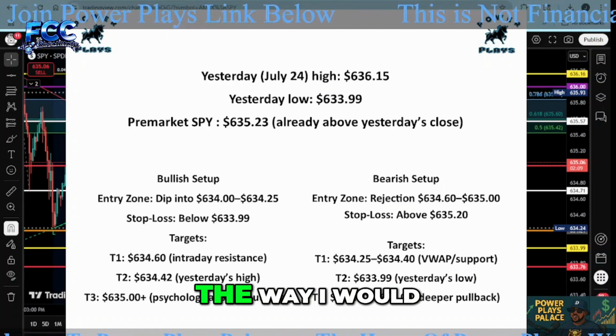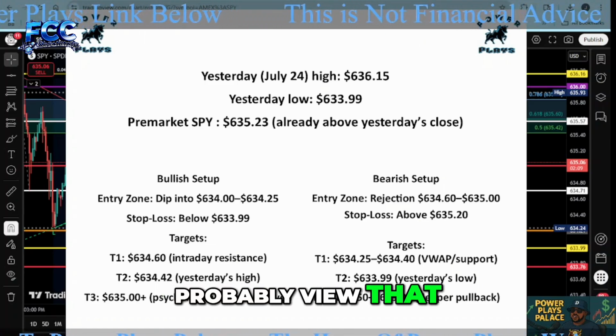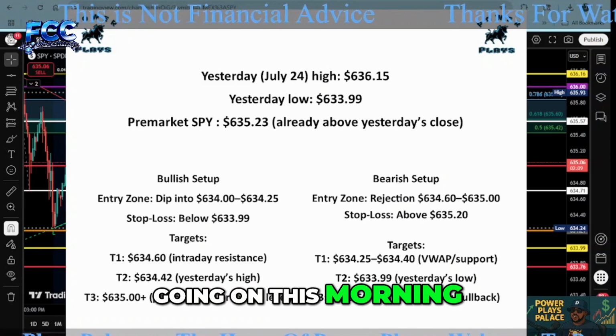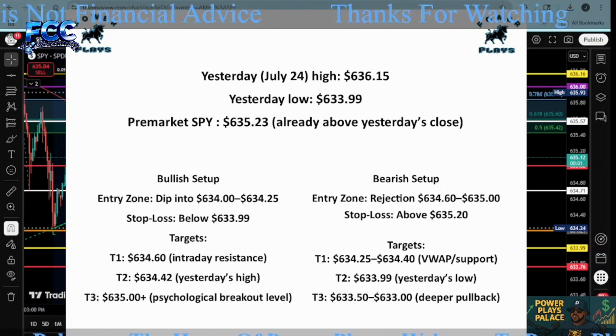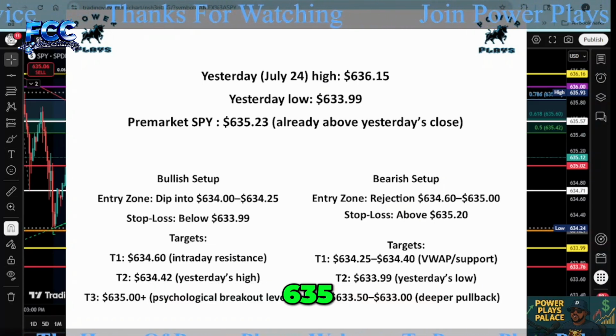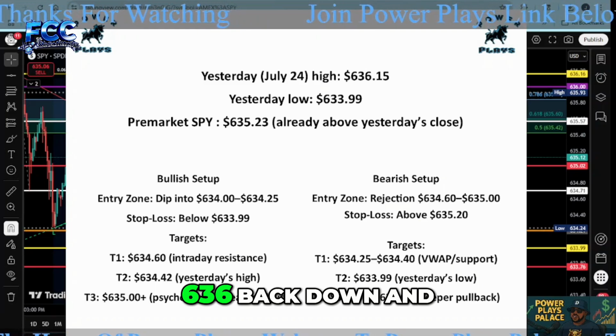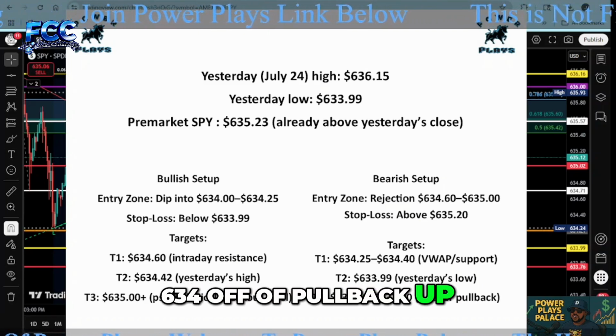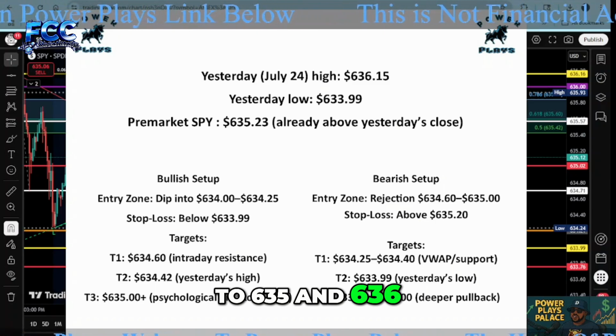That's the way I would probably view that, just based off what I'm seeing, and you can see what's going on this morning. If you're scalping it, play it off a psychological level: 635, 636 back down, and 634 off a pullback up to 635 and 636.